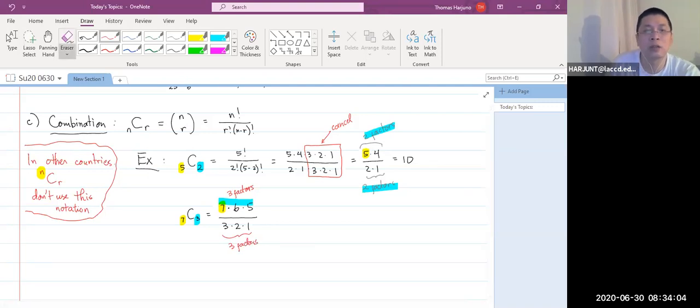Notice that 3 times 2 times 1 is 6, can cancel with one of the factors at the top. We get 35.